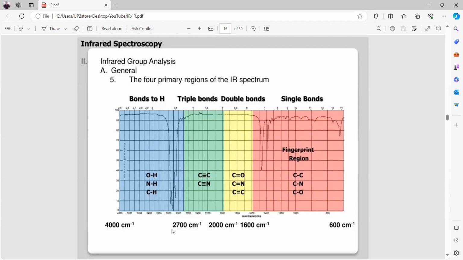From 2000 to 2700, you can detect C triple bond C or C triple bond N. Here, in the yellow band, from 1600 to 2000, you can detect C double bond O, C double bond N, and C double bond C. And from the right side, from 600 to 1600, you have the fingerprint region. You can detect many functional groups such as C single C, C single N, and C single O.